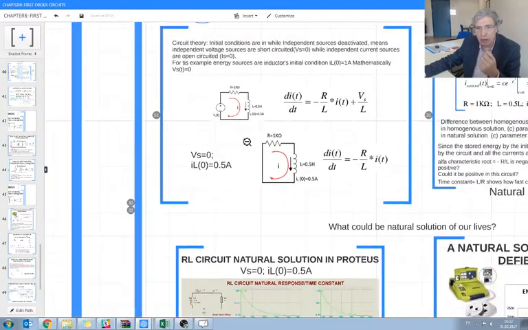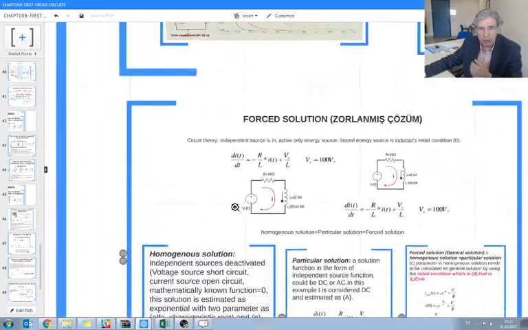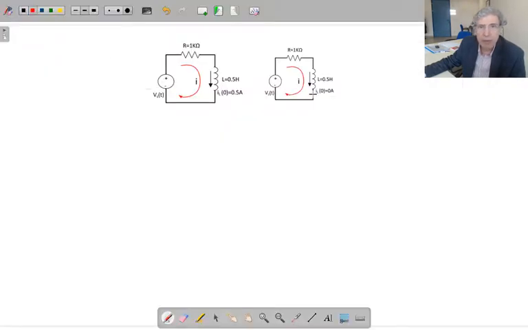What it means, let me explain it in here rather than there. This is the circuit given to us, and we are saying we are going to find a forced solution when the initial condition is 0. Here you are, the initial condition is 0 and the source is in. So if I come back to this, that's the original circuit given to us.